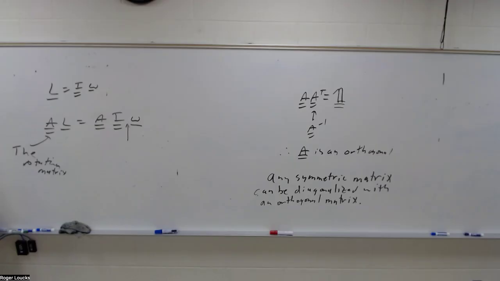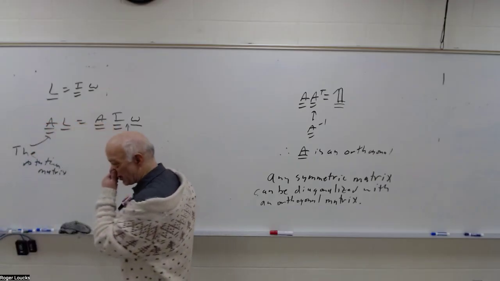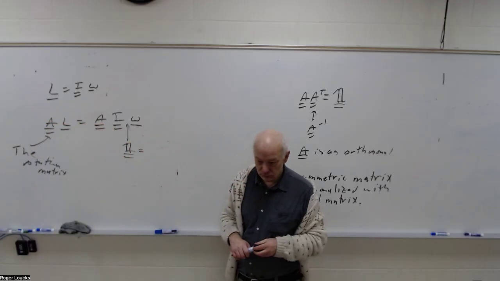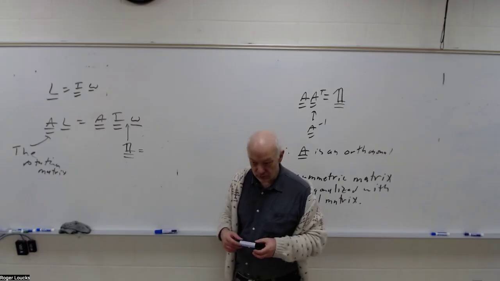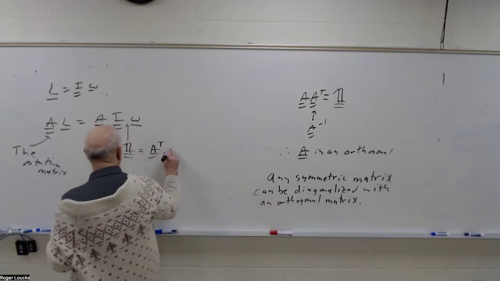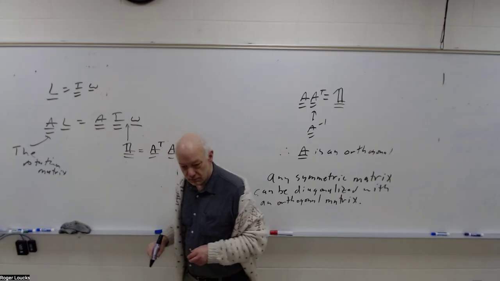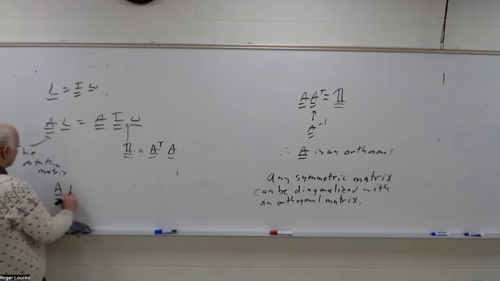We put in 1 in a clever fashion, so we put our 1 in here. And how do we write 1? Identity matrix. How do we write it? There's a fancy way. A times A transpose. We want to go the other way, A transpose times A.